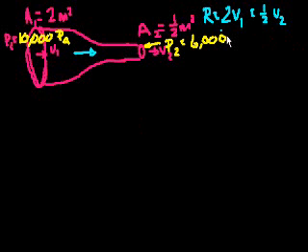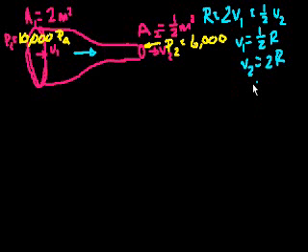And then we could rewrite this: v1 is equal to 1/2 R, and v2 is equal to 2R. So this immediately tells us that v2 is coming out at a faster rate, right? Just based on the size of the openings.